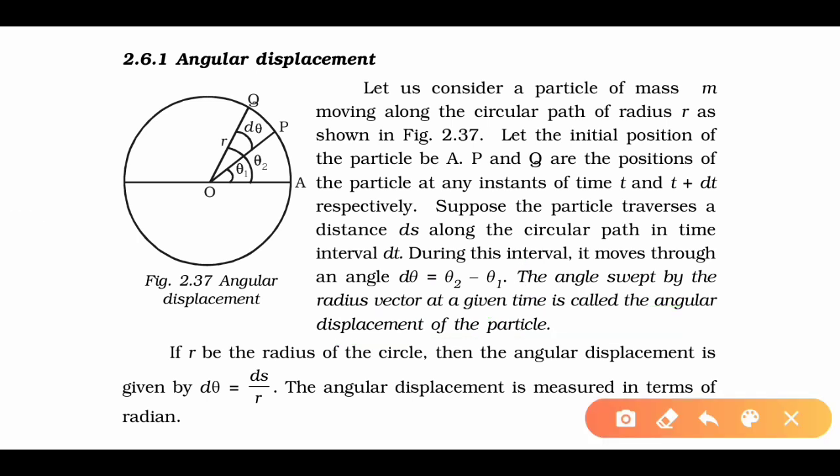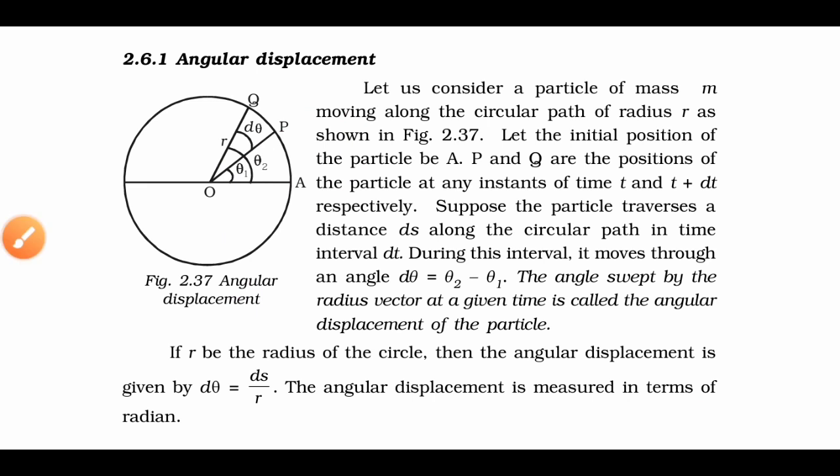Initially, the object position is at point A. After t time, it will reach at point P. So in this time duration, the object, or we can say the radius vector, swept an angle that is denoted by theta 1. Okay, this one is theta 1 angle.